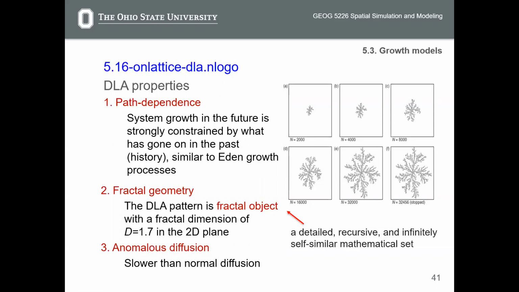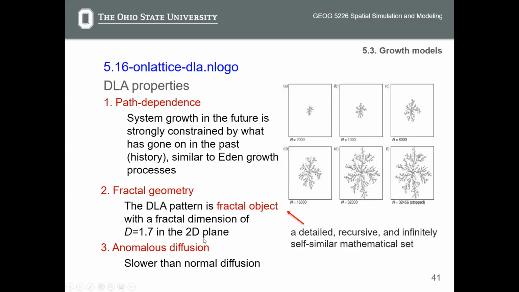No matter how you zoom in or zoom out, you will always see this spatial pattern. It's like a nerve system in your brain, or a bacteria colony, or a watershed. There are mainstreams, there are branches. So as long as you can apply this pattern to a real world phenomenon, you can use a DRA model to simulate it.